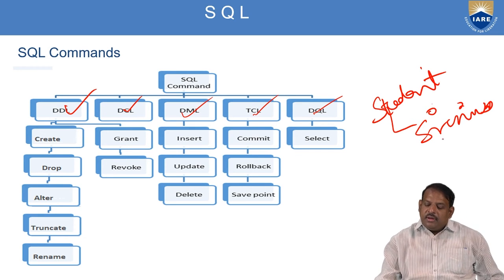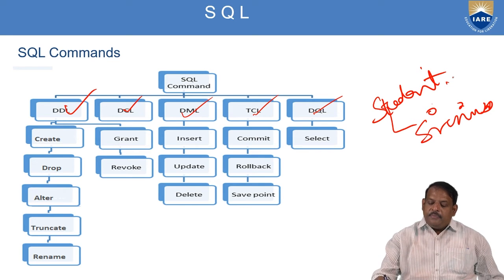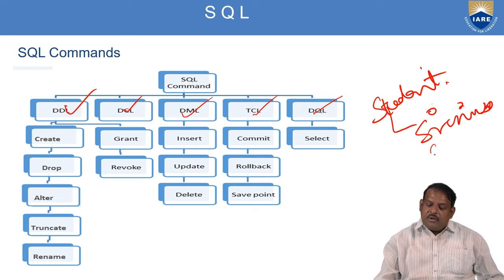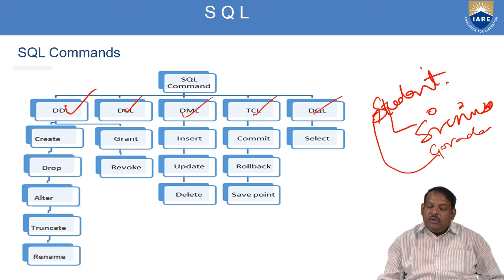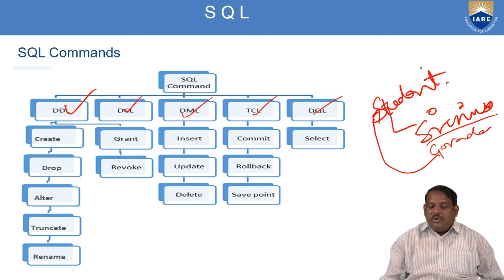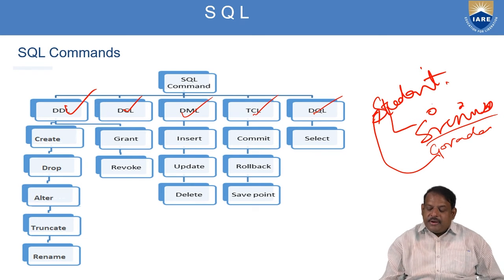Now only Srinivas can access the student table. If some person called Gowda tries to access the student table, he will not be able to access it because he doesn't have access. Only Srinivas has the rights. So grant is used to give permissions to an object.